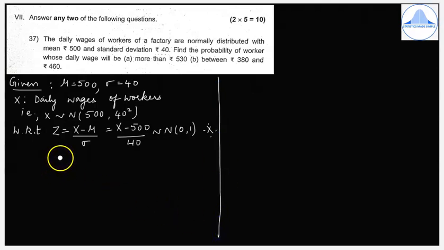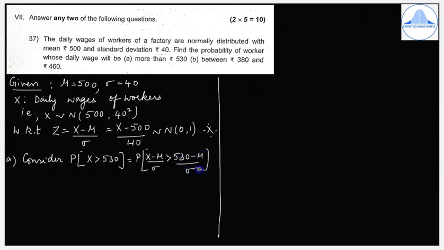Next, let us start with the first subdivision. So I will write consider probability of X more than, that means greater than 530. Because the table is given in terms of z, we have to standardize. So standardize means from x subtract mu and divide by sigma is greater than 530 minus mu divided by sigma.